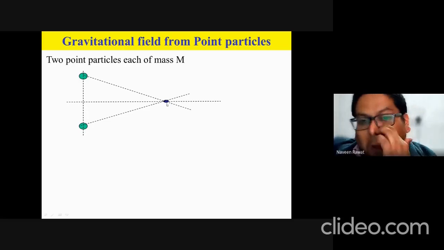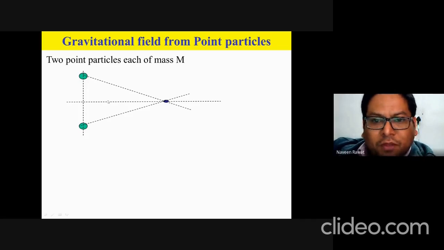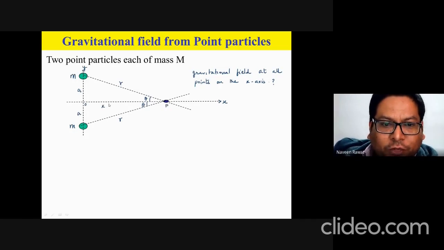For simplicity, we will define our axes in such a way that we keep this point P on the x-axis, and both of these source particles on the y-axis. We have to define certain parameters here. Both have mass m.